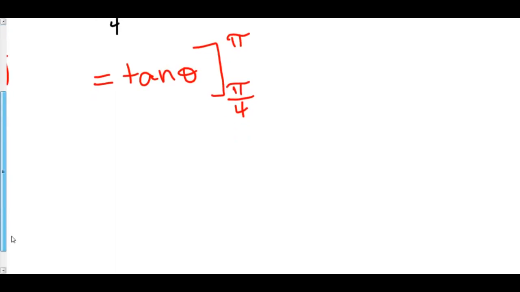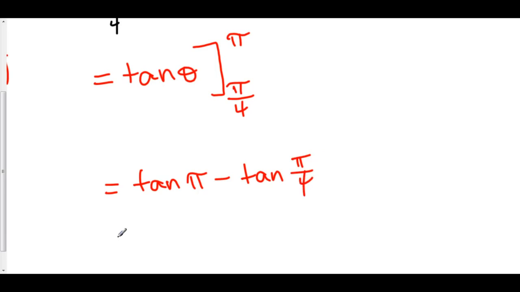So let's do that right now. We've got tangent of pi minus tangent of pi over 4. And because tangent is sine over cosine, we've got sine pi over cosine pi.